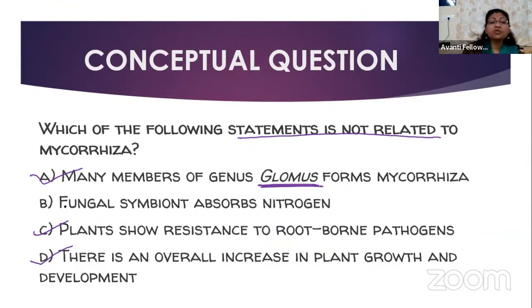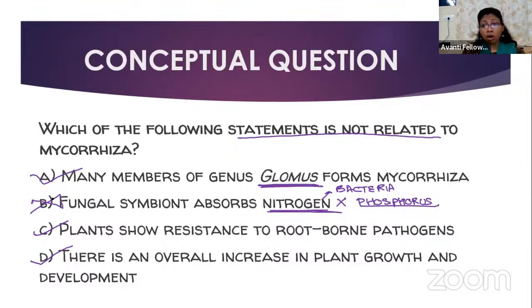But option B says the fungal symbiont absorbs nitrogen. No, nitrogen is not absorbed by them. These are responsible for the absorption of phosphorus. The nitrogen is fixed by the bacteria. That is why this statement is wrong, and as this statement is incorrect, it is the correct answer for our question.